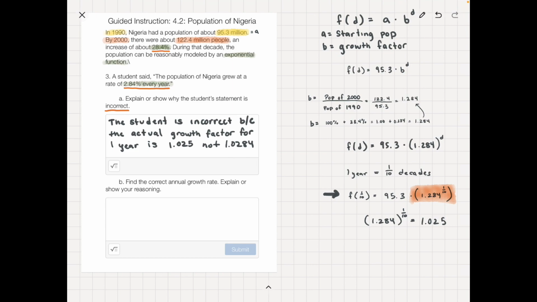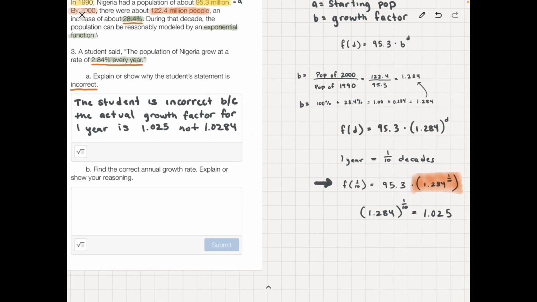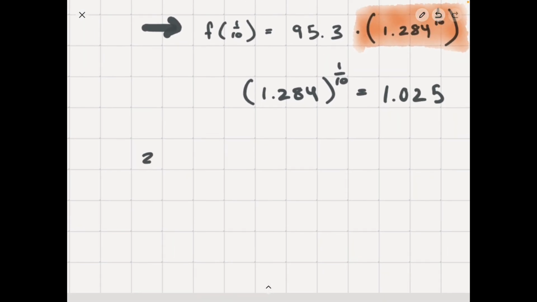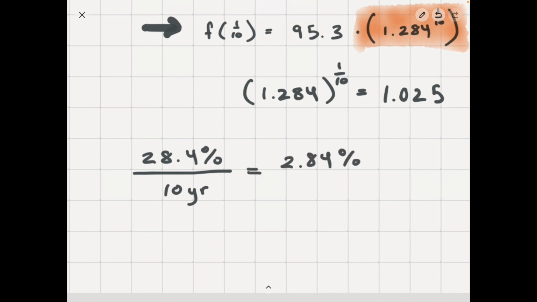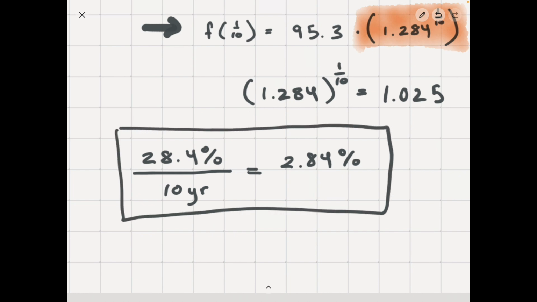So how did they come up with that actual incorrect answer? What did they do wrong here? Well, if you notice, if you take what they gave us in the original problem, 28.4%, and if you divide that by 10 years, right, this gives you 2.84%. So what they incorrectly did, this is the incorrect way of calculating growth factor, is they just thought that they could divide evenly by 10 because there's 10 years.